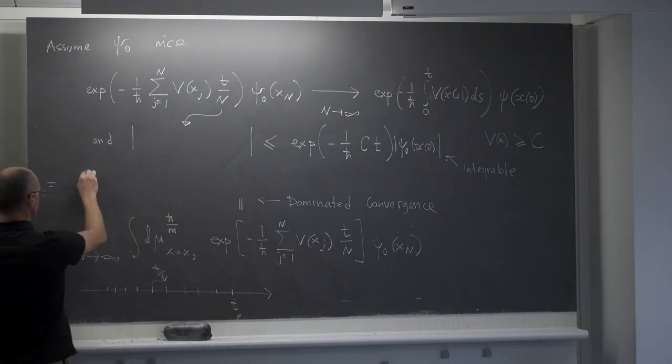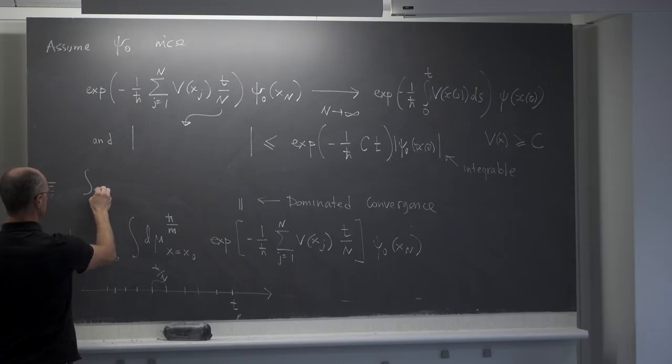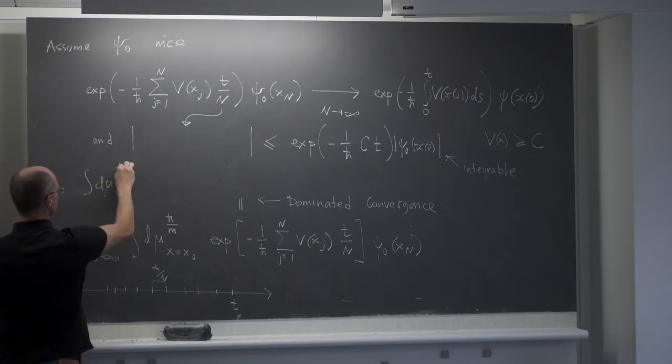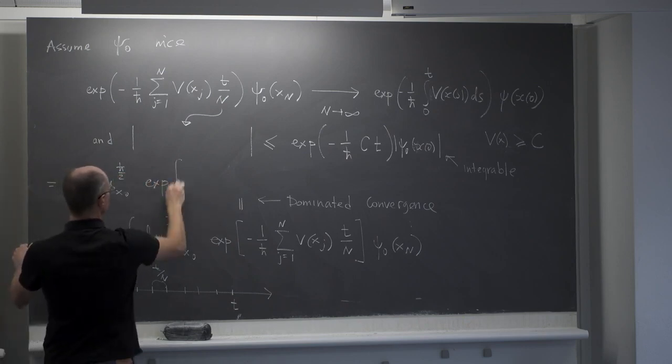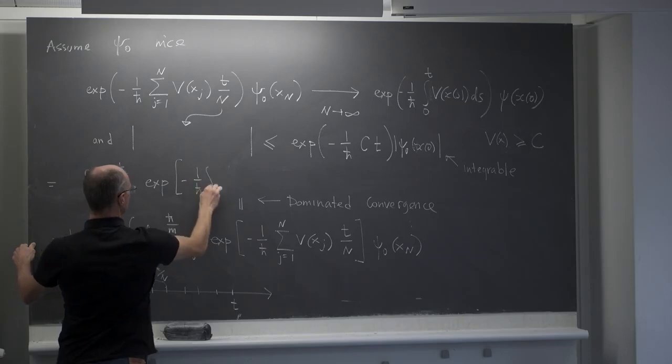And this is equal to the integral dμ x naught, h over m, and here the exponential of minus 1 over h.